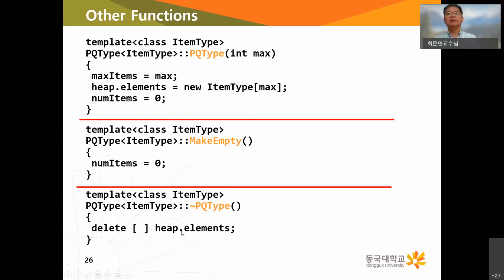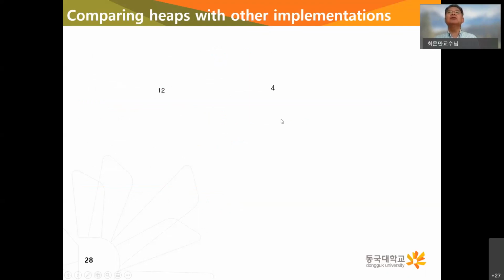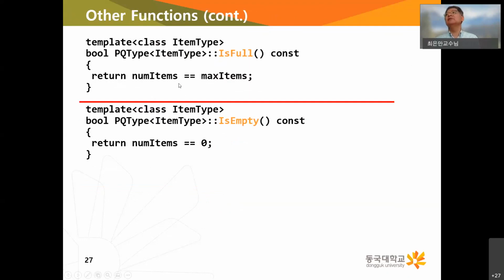And then this one is destructor, okay? Next one is full. Is full means this is the simple single array, right? One-dimensional array. So the one-dimensional array size equal to maximum item. In that case, we call the full. And empty means number of item is 0, right?